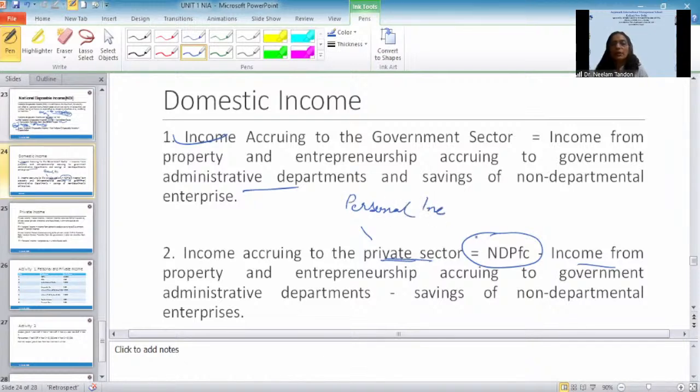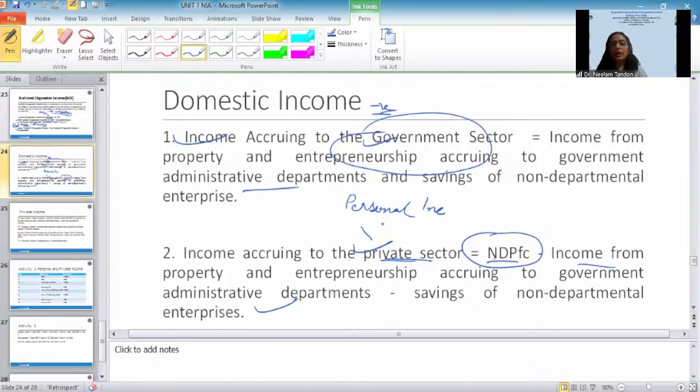So you understand NDP at factor cost means you have government income and private players' income. When you go from NDP to income accruing to the private sector, what you do is deduct income of the government. You get private sector income.